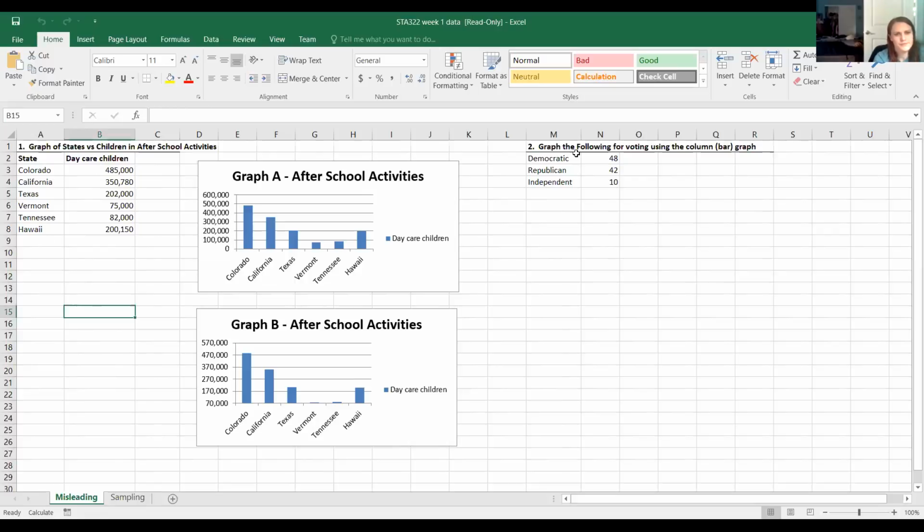And then we have this sort of voting data. This is obviously some sort of survey as to voters who are Democratic, Republican, or Independent. So you'd graph those out in a way that would show that as a bar graph. And just go ahead and use Excel to do this.